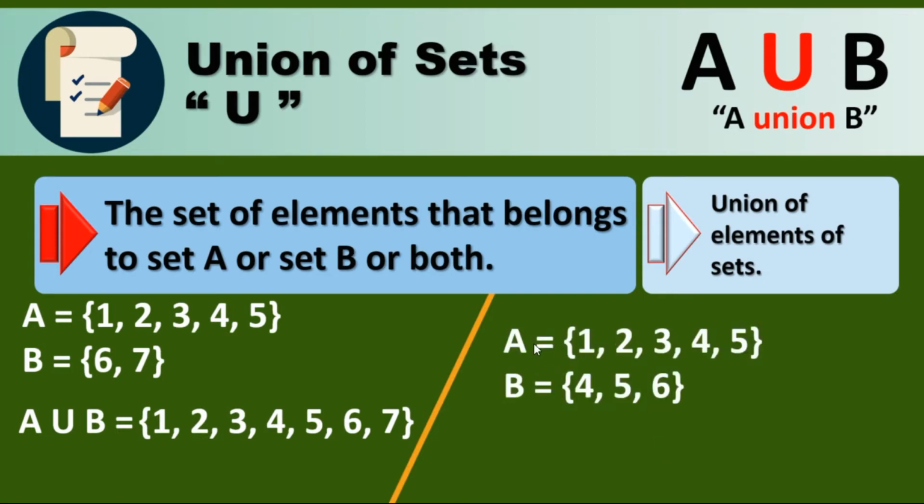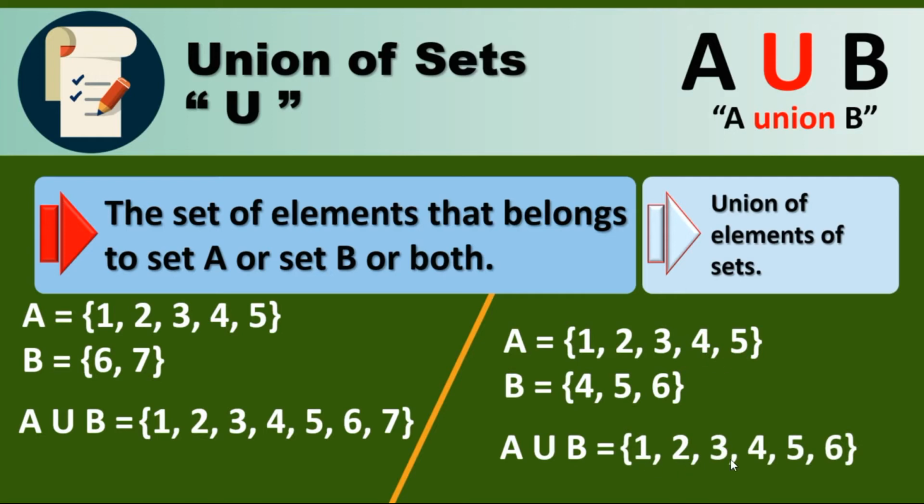How about if A is equal to the set that contains 1, 2, 3, 4, and 5, and B is the set that contains the elements 4, 5, and 6. Take note, again, A union B is simply the union of elements of sets A and B. So A union B is equal to 1, 2, 3, 4, and 5.